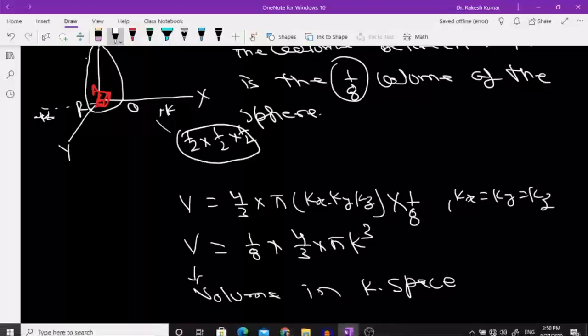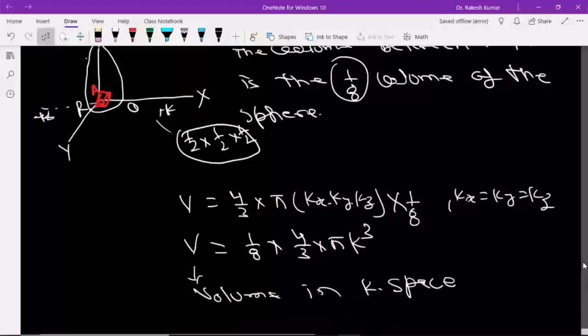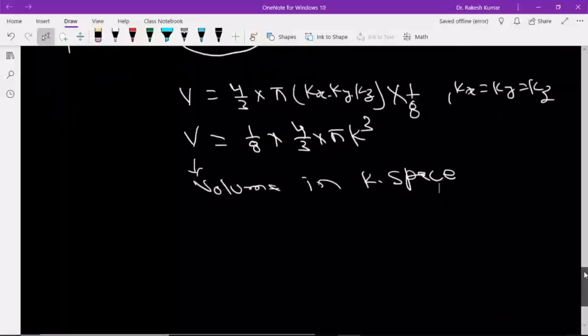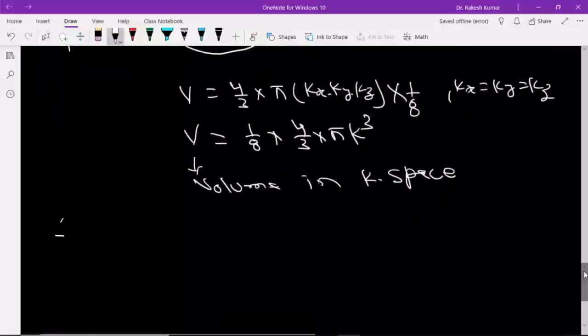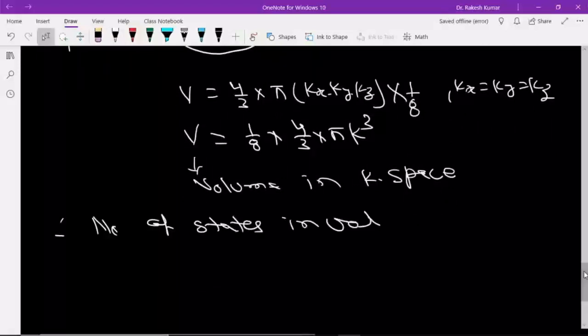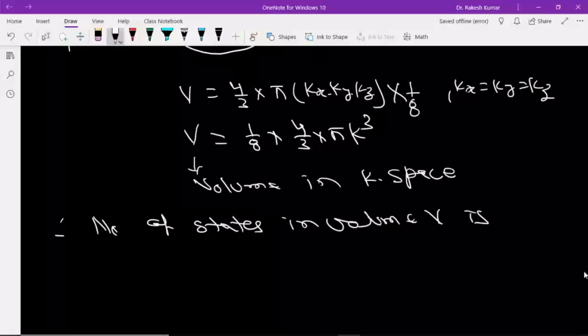So now we have to calculate the number of states in volume V. Now we know the volume of the k space, which is this one, and we also know the minimum volume required by an electron.